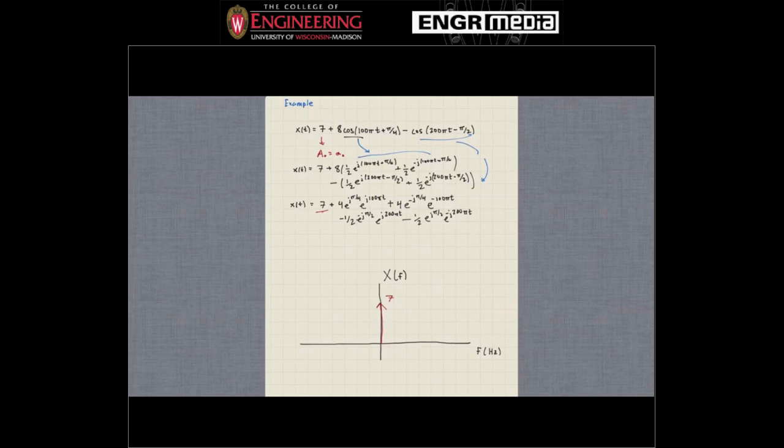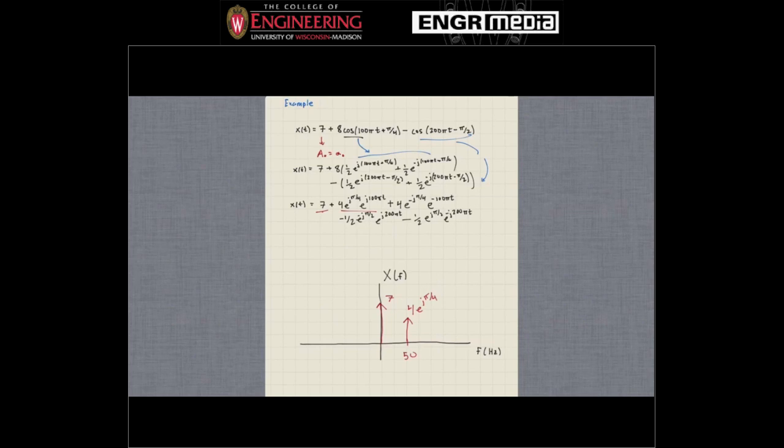So this first term is at a frequency of how many hertz? It should be 50 hertz. So at 50 hertz, we have a signal with amplitude 4, and phase e to the j pi over 4.